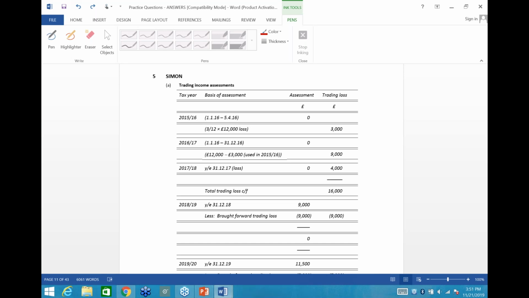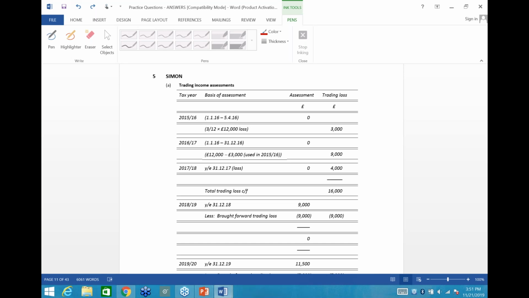Then we have something called terminal loss relief, where it is applicable only in situations you cease trading. If you wind up the business, if you close down the business, then you can't carry forward your trading losses anymore. The business comes to an end, so carry forward relief would not be available. In such situation, this special terminal loss relief is there.